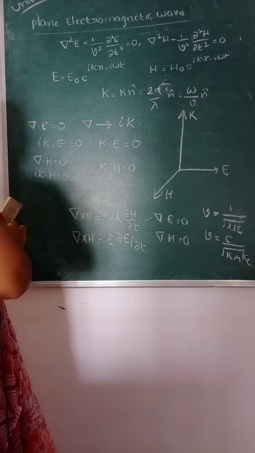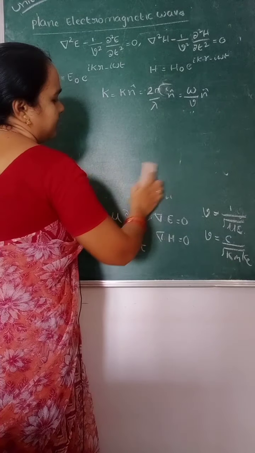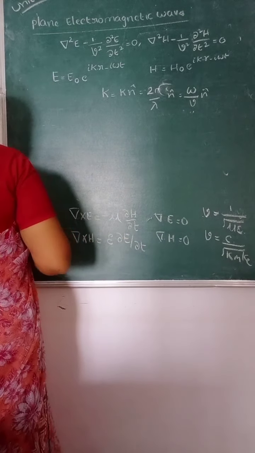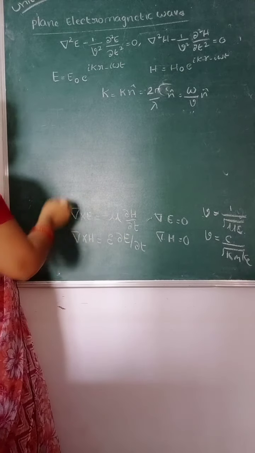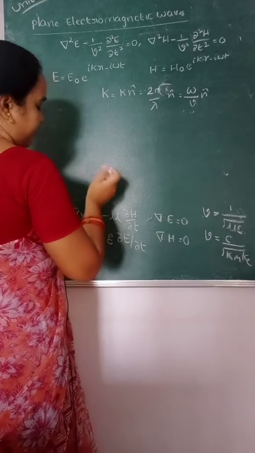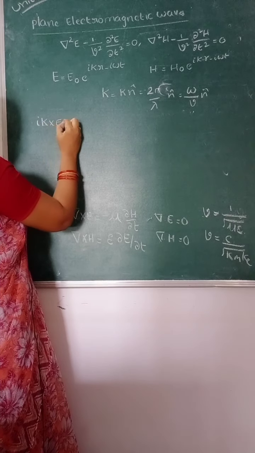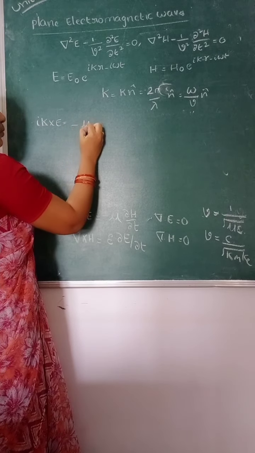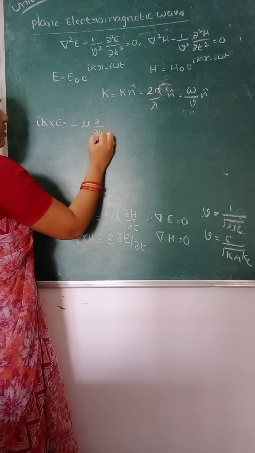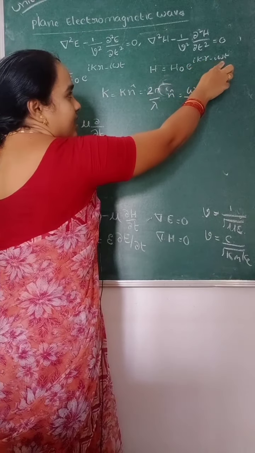Next, consider the third equation, that is del cross E is equal to minus mu dou H by dou t. Then ik cross E is equal to minus mu dou by dou t of H, where H is H naught e power i(k dot r minus omega t).